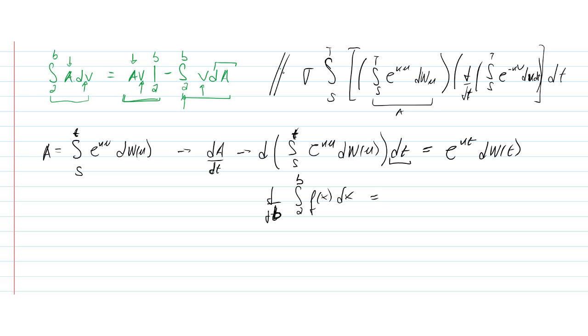Say you have f, which when it integrates becomes F(b) minus F(a) at the other limit. Apply the derivative to both terms: this will be 0, and this will be f(b). So this is how to deal with the derivative of the Brownian motion part. You can do this, just evaluate it at the integration limit that you have.